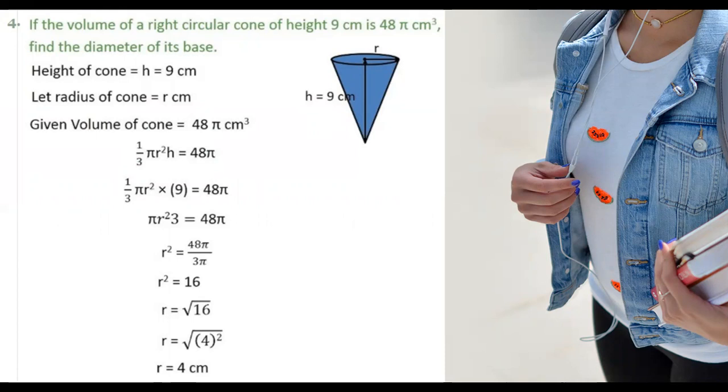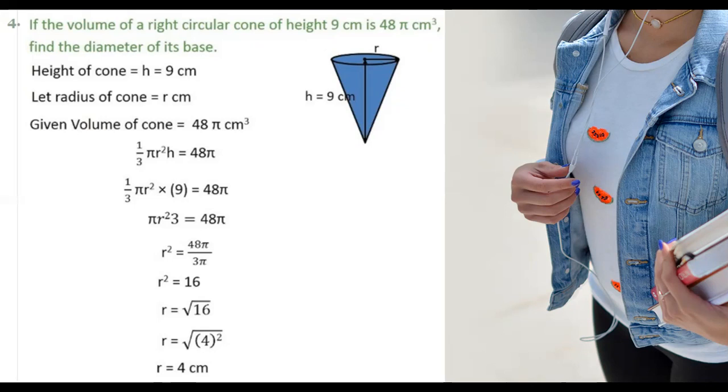And the volume of the cone is given as 48 pi centimeter cube. And we know that volume is 1 by 3 pi r square h. So 1 by 3 pi r square h is equal to 48 pi centimeter cube. Substituting the value of h, we get 1 by 3 pi r square into 9 is equal to 48 pi.